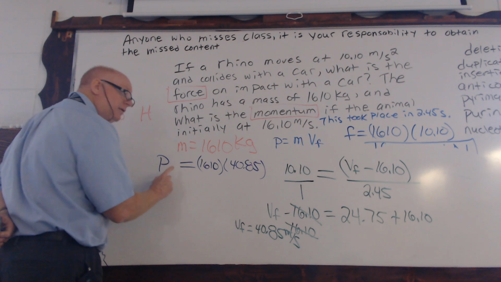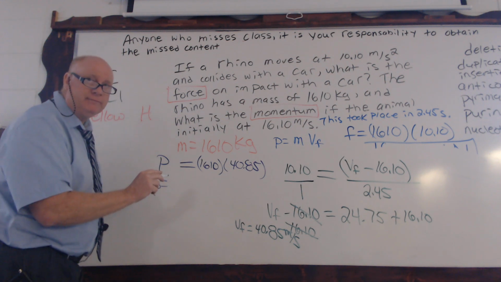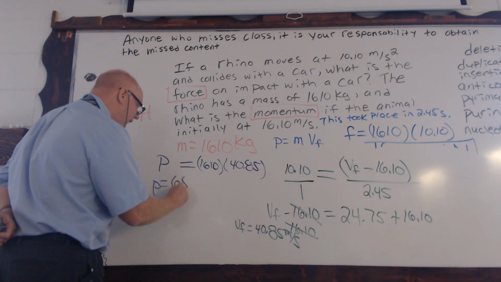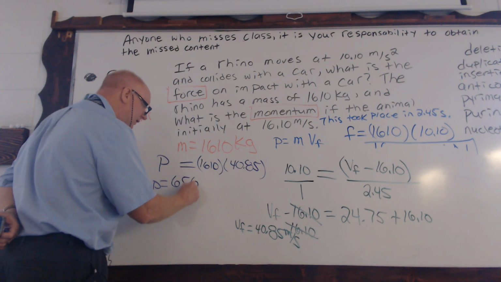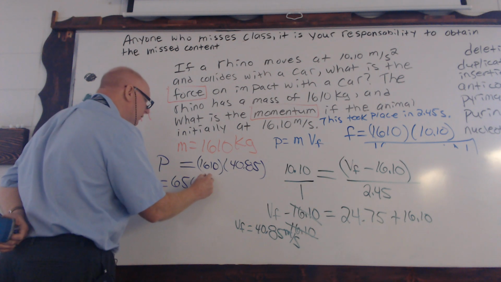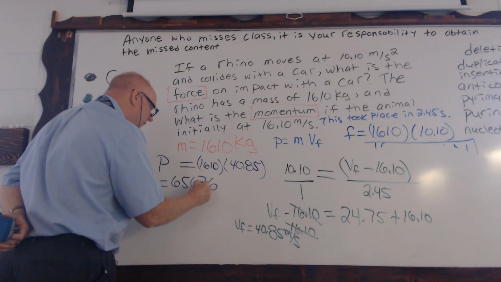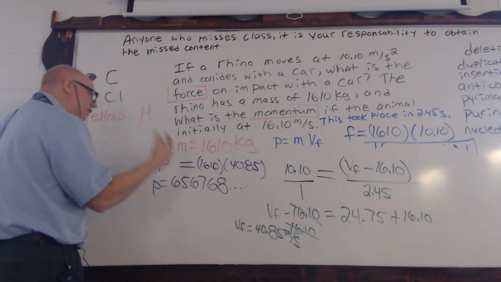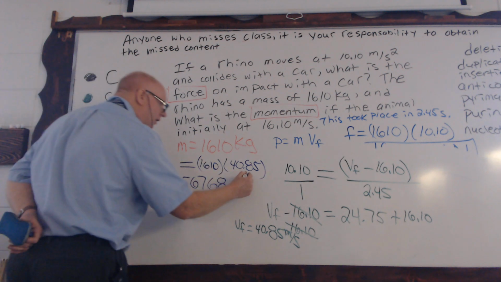And we get 65,768, and then point whichever. And then how do we label this? It's a kilogram.